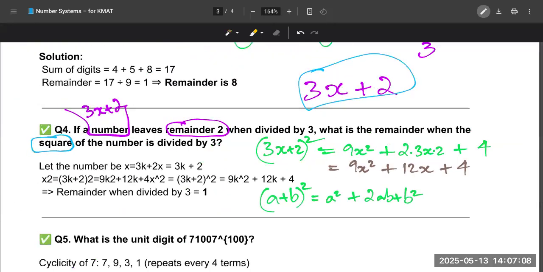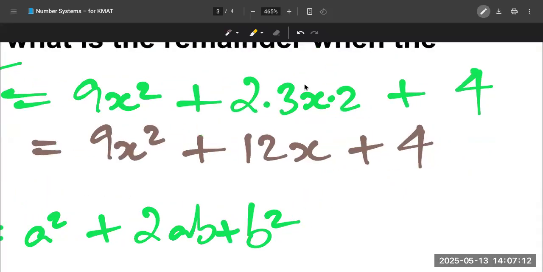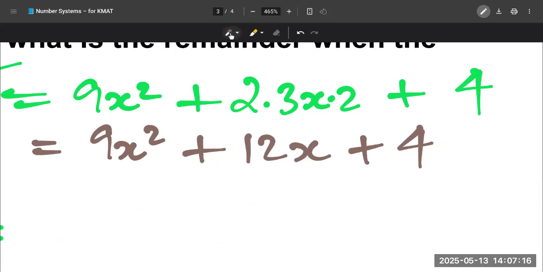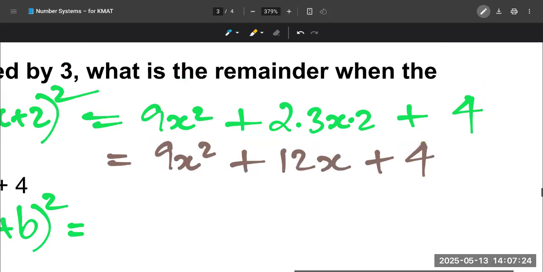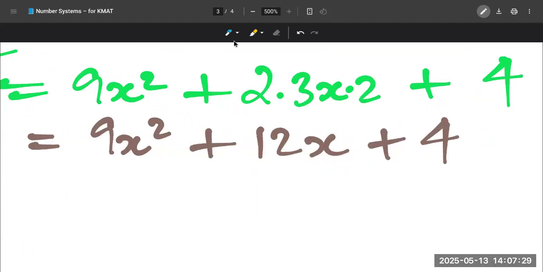So this we have to divide by 3. Is this divisible by 3? Find out if 9x square is divisible by 3.